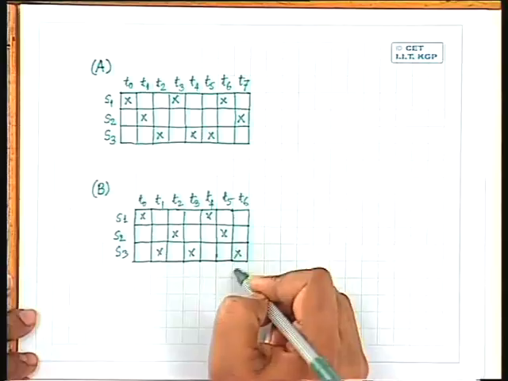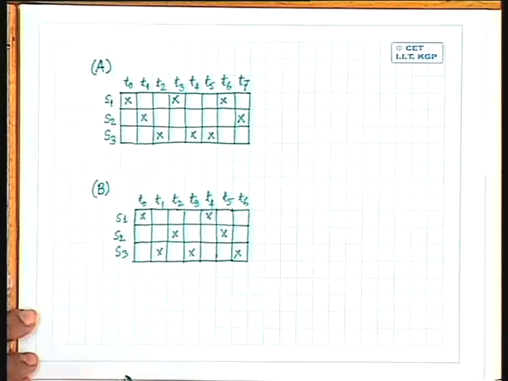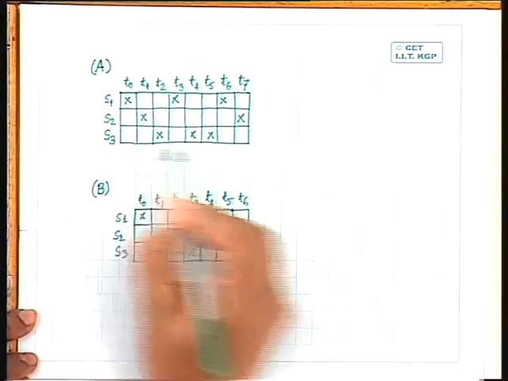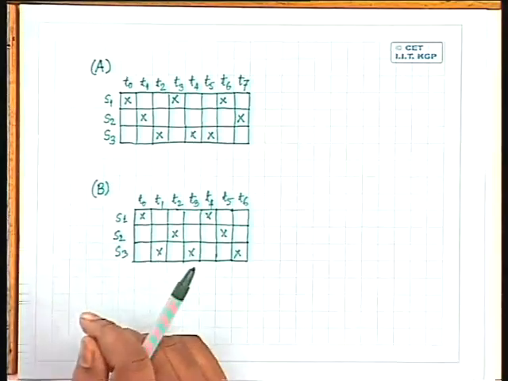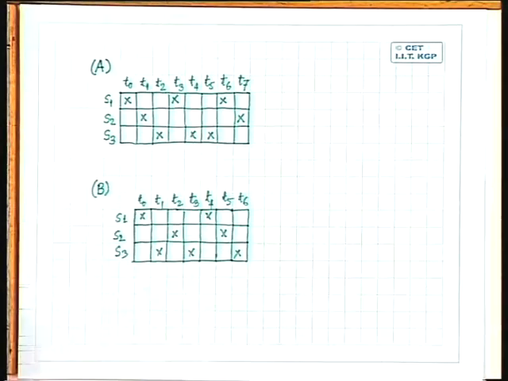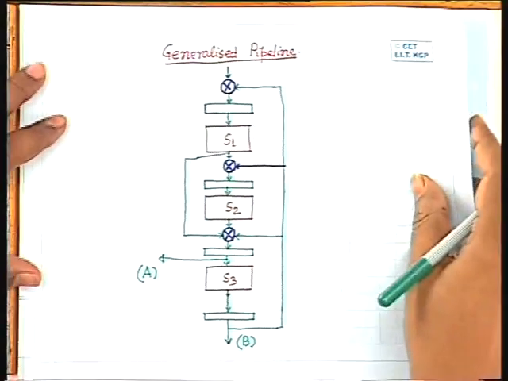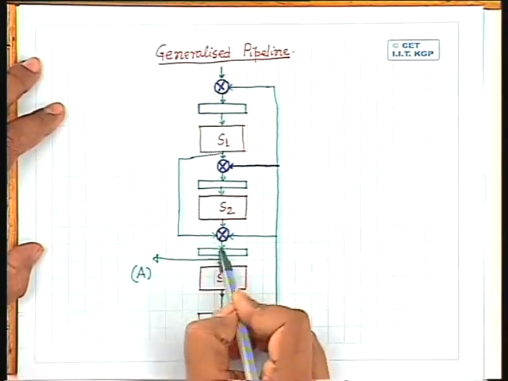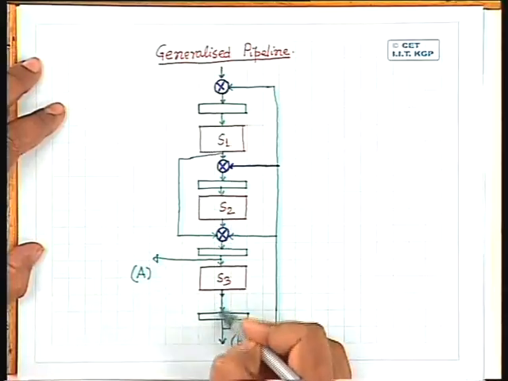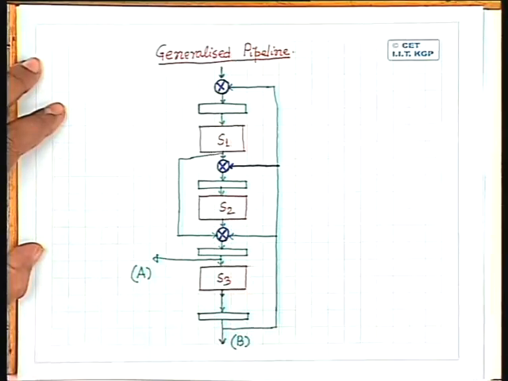That means for function B, S3 is the output point. For function A, the output point is S2. For function B, the output point is S3. So that is what has been shown in this pipeline diagram also. I have taken output A, function A, from the output of S2, whereas function B has been taken from the output of S3.